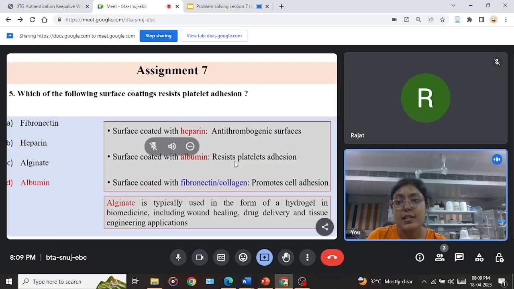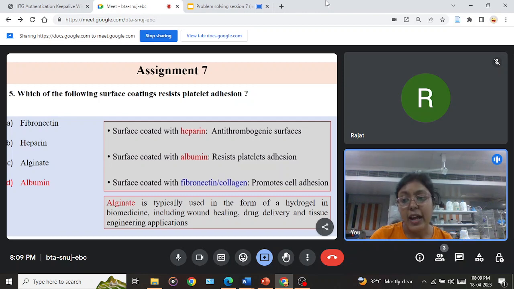Fibronectin or collagen is coated when we want to promote cell adhesion, right? So a surface coated with fibronectin or collagen promotes cell adhesion. Whereas if the surface is coated with heparin, it acts as an anti-thrombogenic surface.